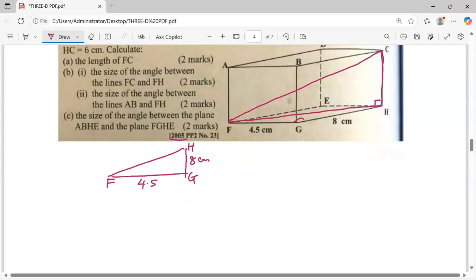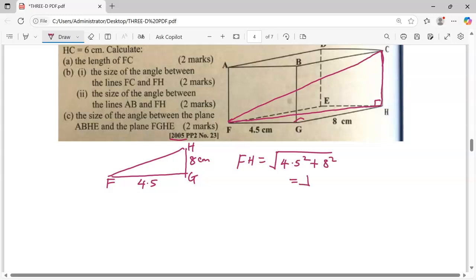For us to find FH, we are going to use Pythagoras theorem by getting the square root of the sum of the squares of FG, which is 4.5 squared, plus GH, which is 8 squared.